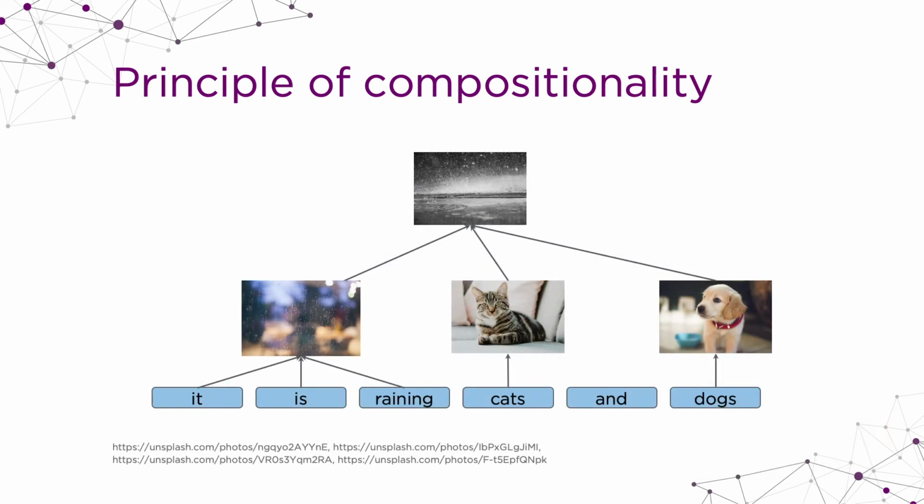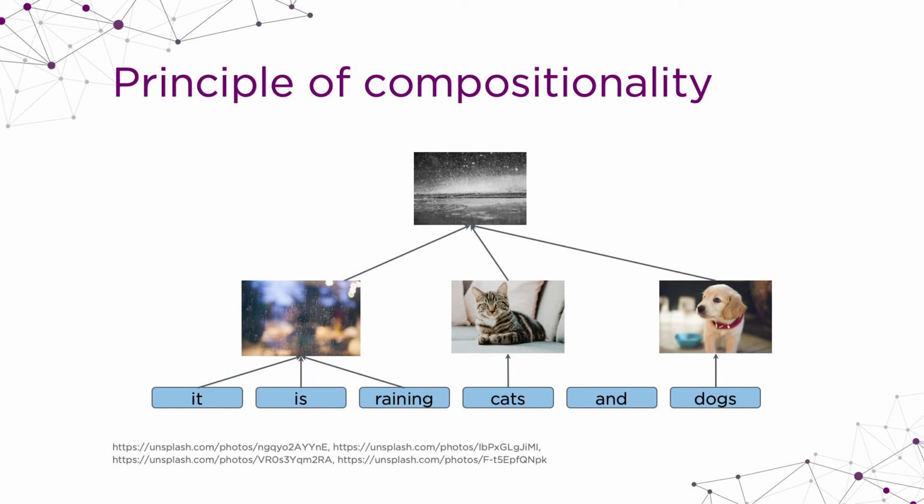Here we have one example of the principle of compositionality, and again, this is to stress how sometimes it's not so easy to correlate meanings to words. You have again this sentence, it is raining cats and dogs, and the pictures are showing the concept, the meaning, the semantics.